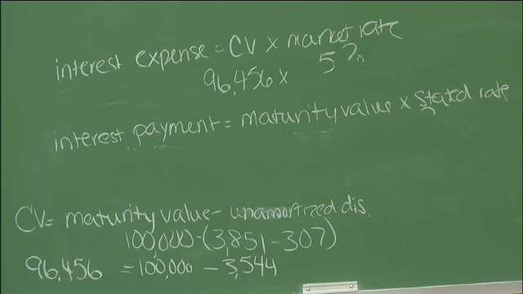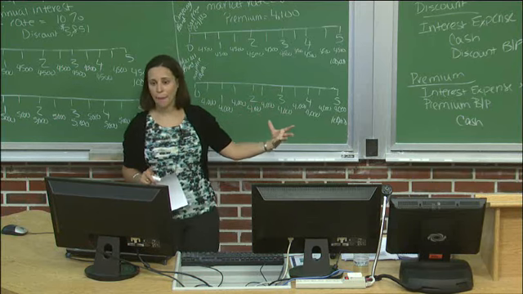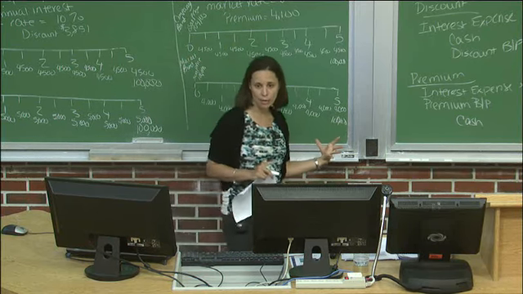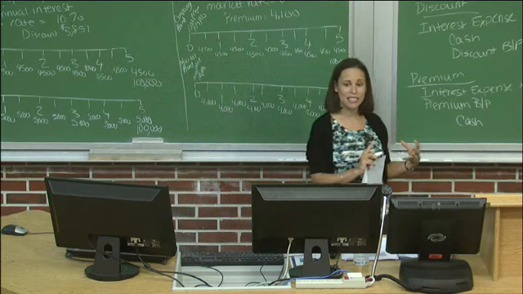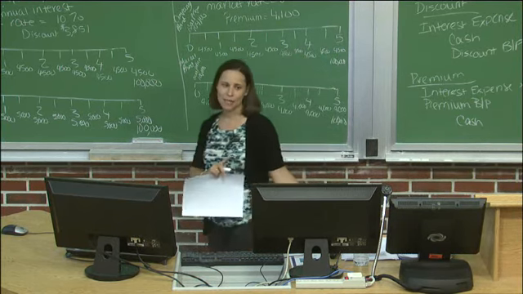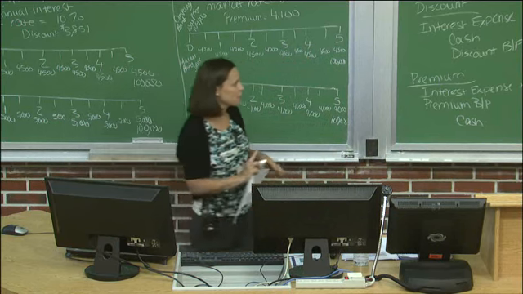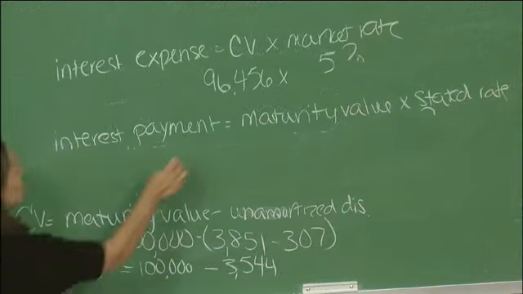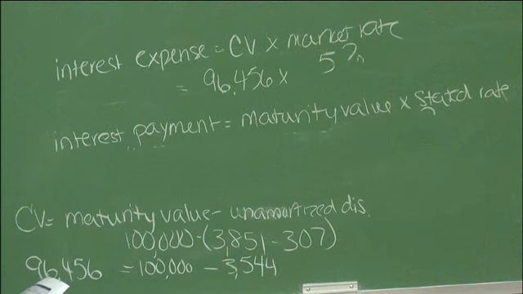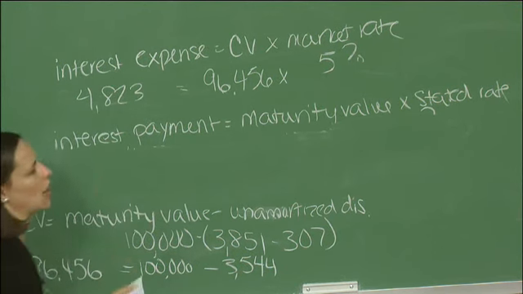Yes, market rate changes all the time. It's going to affect how that bond is traded in the secondary market, but just like stock traded between investors doesn't affect the company, same thing with bonds. Bonds traded between investors doesn't affect the company. So when we do our calculations, we get that the interest expense is $4,823.